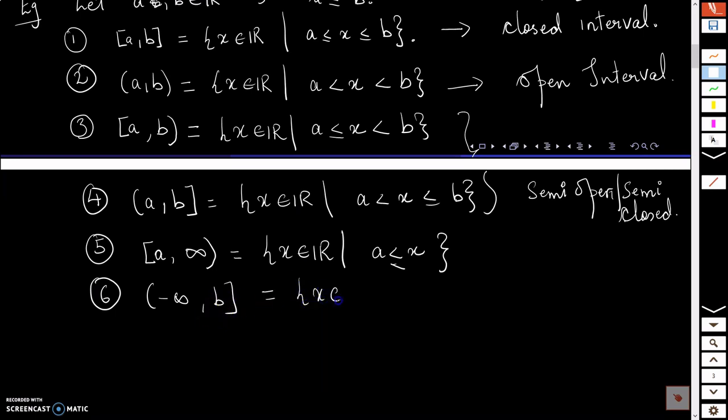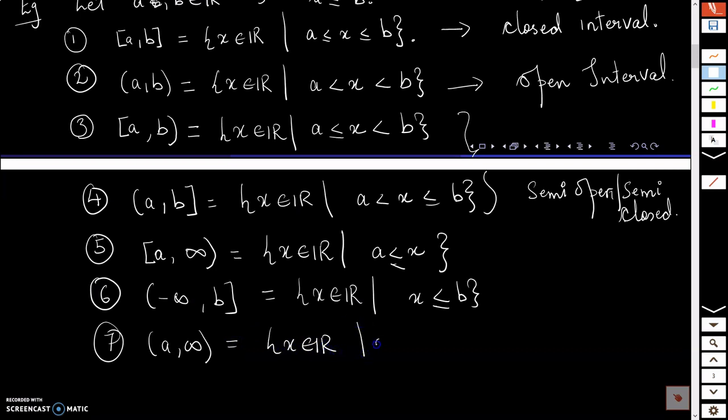So this will contain all those real numbers x such that x is less than or equal to b. x can take the value b because I have closed bracket. And in the same way we can define open intervals also here. So in a similar way, I'll define open at a and infinity. This is called open interval a to infinity, and this will contain all those real numbers which are strictly bigger than a.